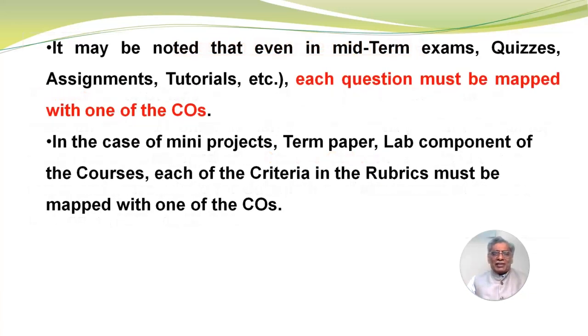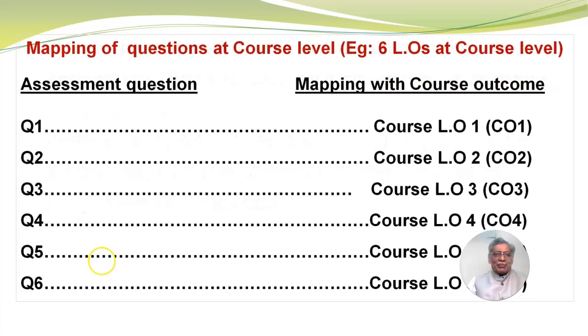It may be noted that even in midterm exams, quizzes, assignments, tutorials, etc., each question must be mapped with one of the COs. In the case of mini projects, term paper, lab component of the courses, each of the criteria in the rubrics must be mapped with one of the COs.